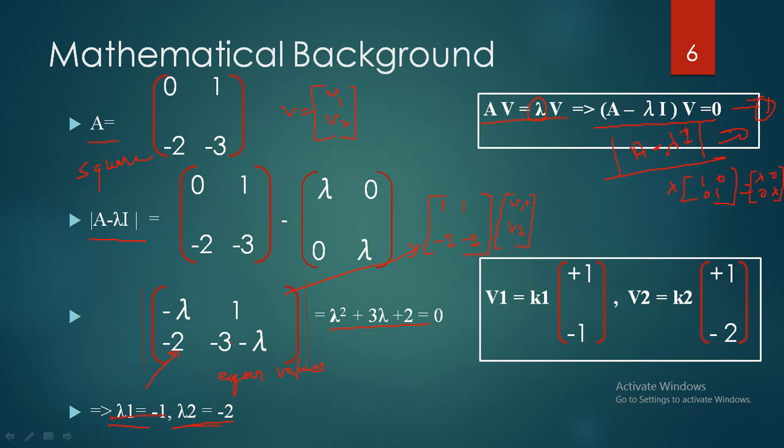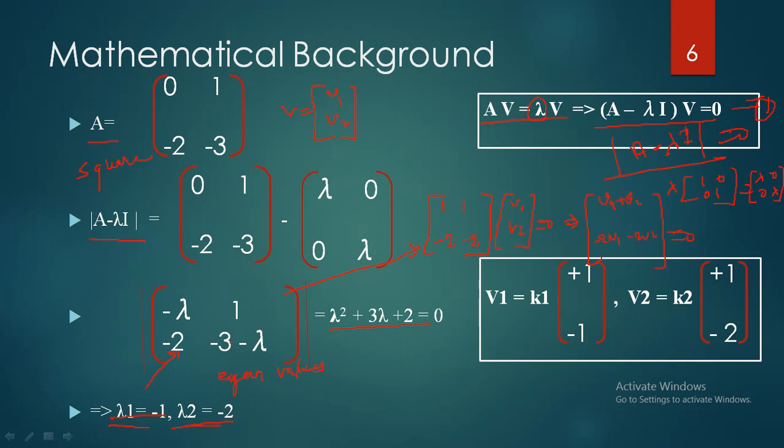So first row multiplied by first column, second row multiplied by first column. So you will get v1 plus v2 minus 2v1 minus 2v2 is equal to 0. If you take minus 2 out from here, both rows are the same.